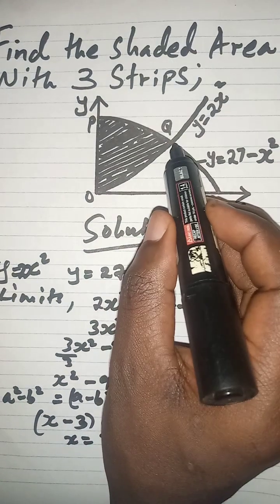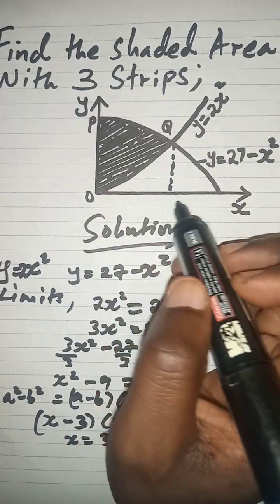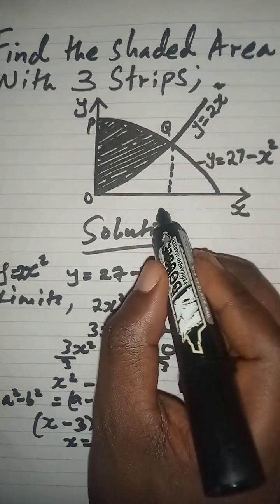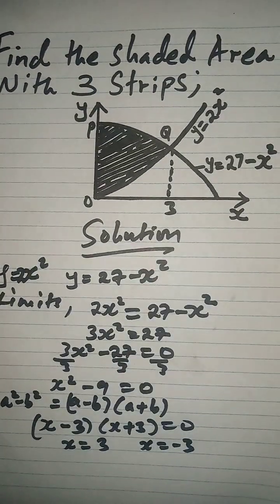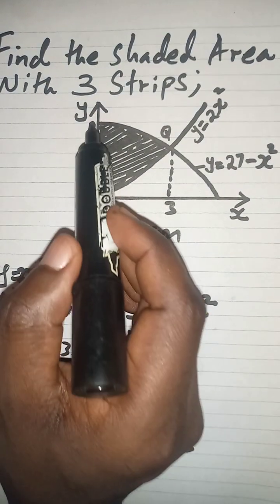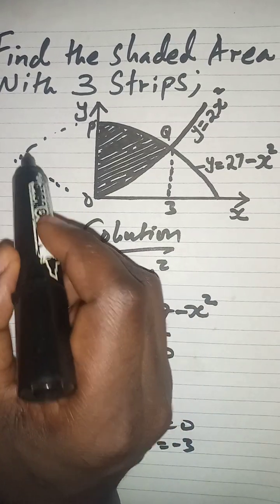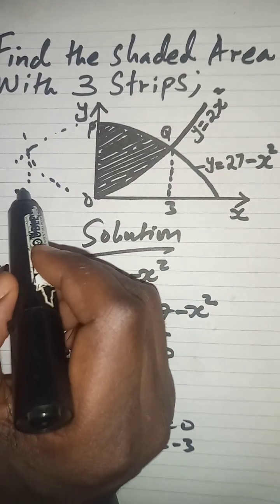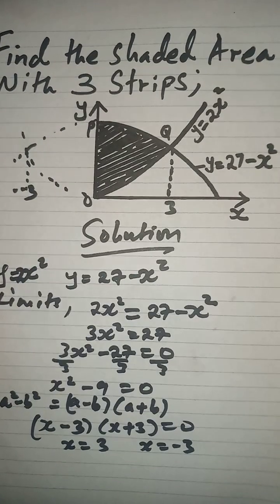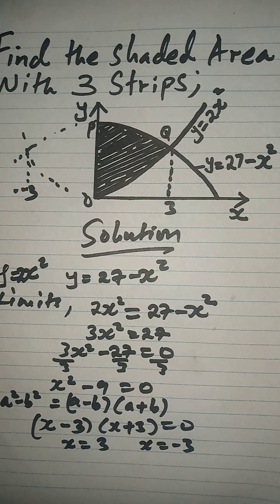So at the points where the curves intersect, it's going to be 3 and negative 3, on the other side if we extrapolate our two curves.